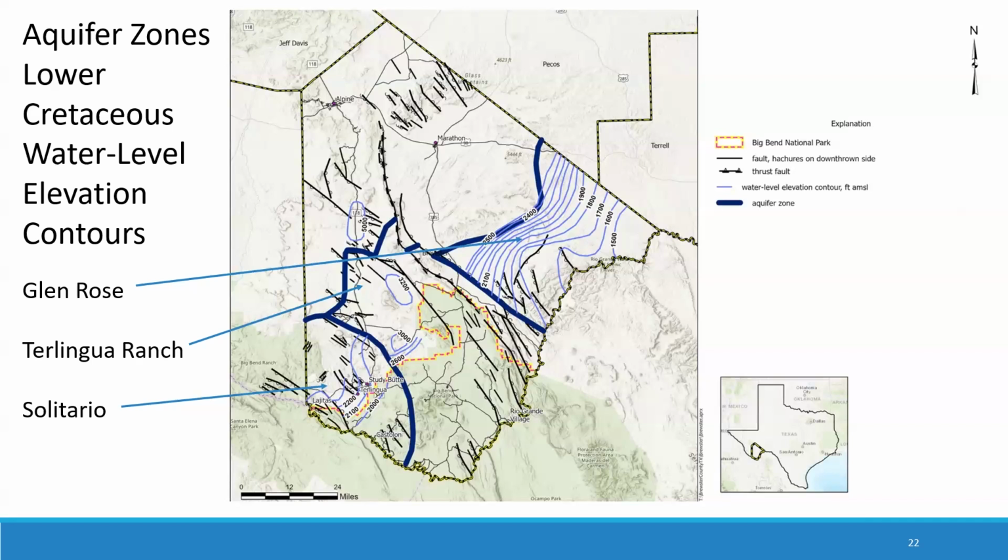And then down here is the Solitario. The Solitario is here, and so groundwater is flowing, recharging around that and flowing to the southeast. And that's the system that the supply wells for Study Butte, Lajitas, and Terlingua tap into.